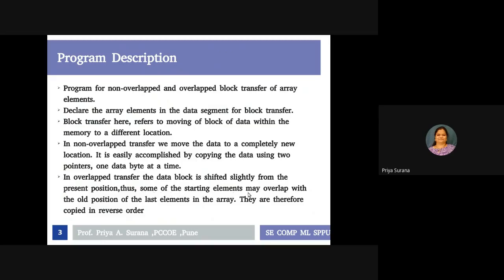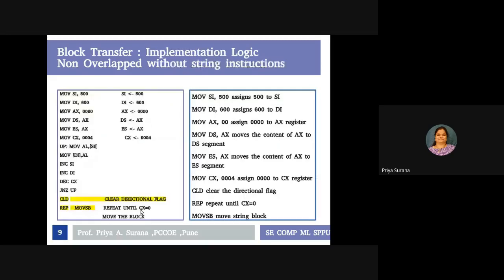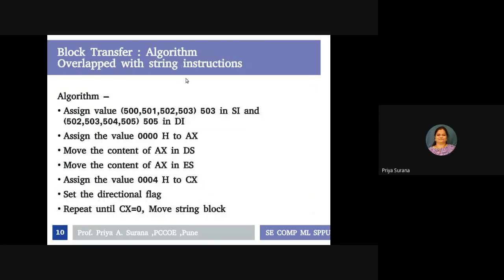Some of the starting elements may overlap with the old position of the last elements in the array. They are therefore copied in reverse order. So whatever I just discussed, in reverse order we are going to perform overlap block transfer. Other steps are the same, but this is a very important and basic step.